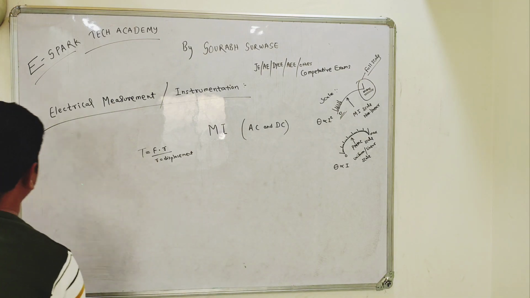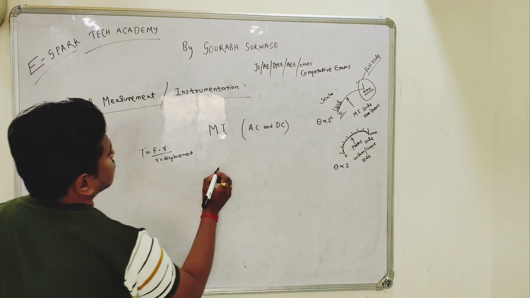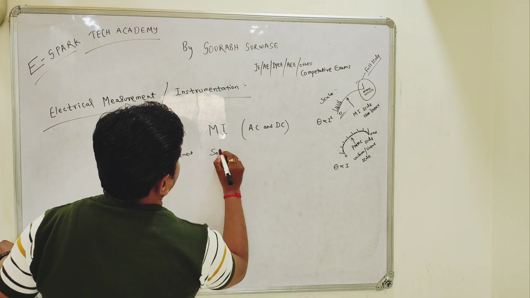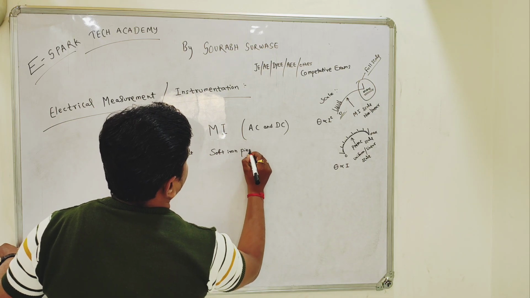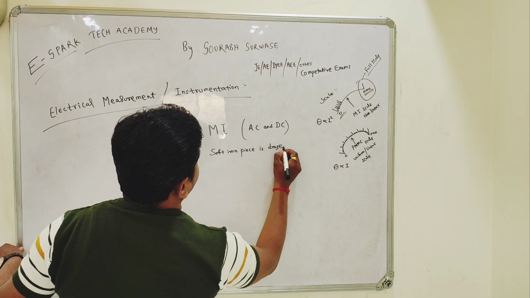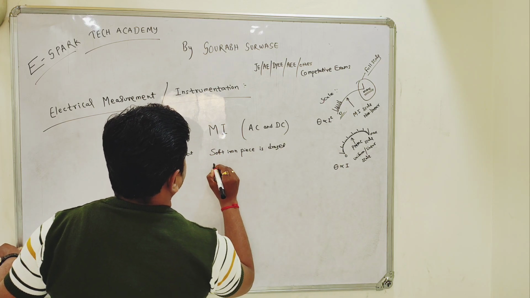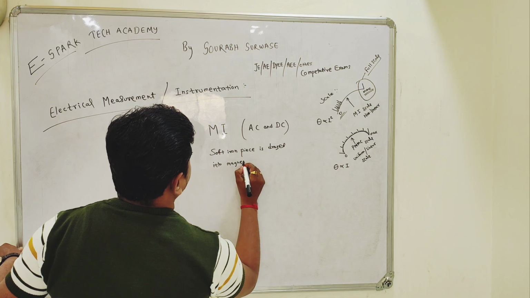Now for MI, what happens is, in case of MI, the moving iron instrument, a soft iron piece is dragged into magnetic field.